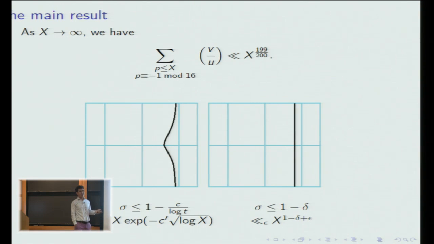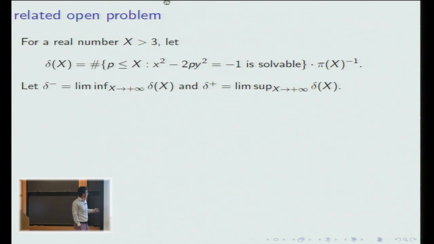So I told you a little bit about the class group. It turns out that one can look at this problem about units as well. If you want to look at for how many odd primes p this negative Pell equation is solvable, this is basically asking for how many primes p the number ring Z adjoin square root of 2p has a unit of norm -1.